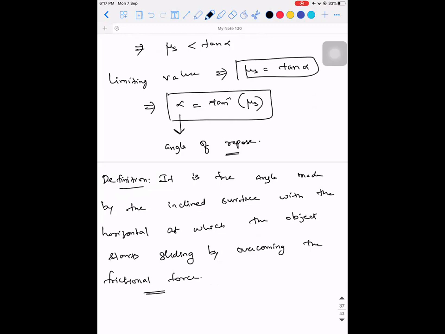So it is defined as the angle made by the inclined surface with the horizontal at which the object starts sliding by overcoming the frictional force. This is what we call the angle of repose. Is it clear?